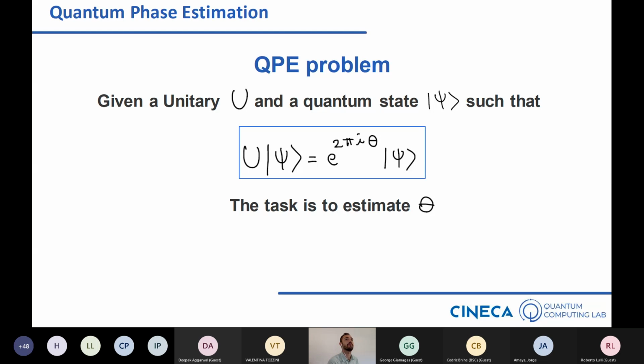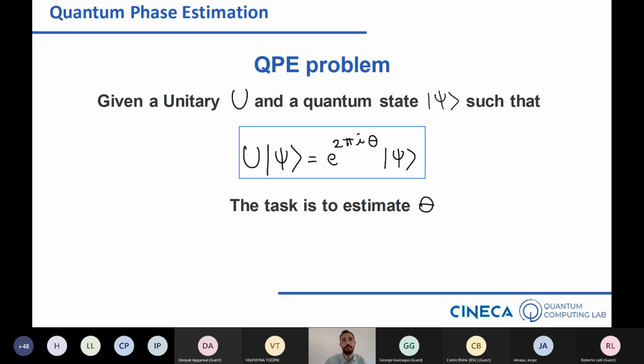So this is the problem. The problem is: given a unitary operator U and a quantum state psi, which is an eigenstate of U, such that U psi equals e to the 2 pi i theta psi, the task is to estimate theta.